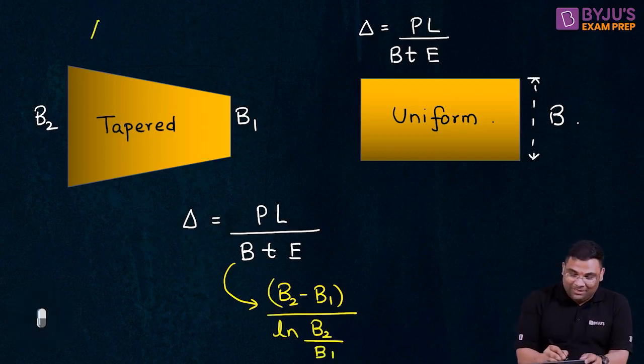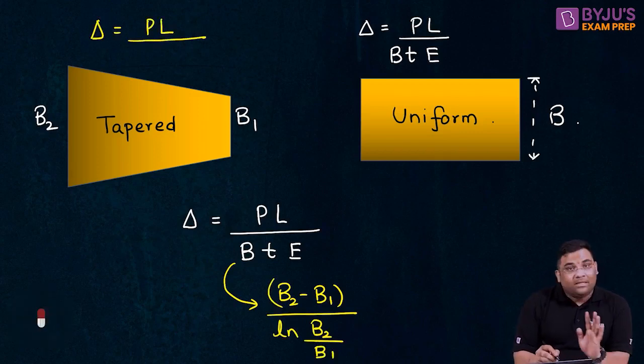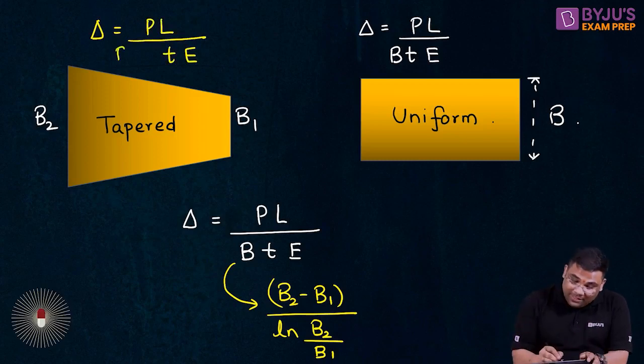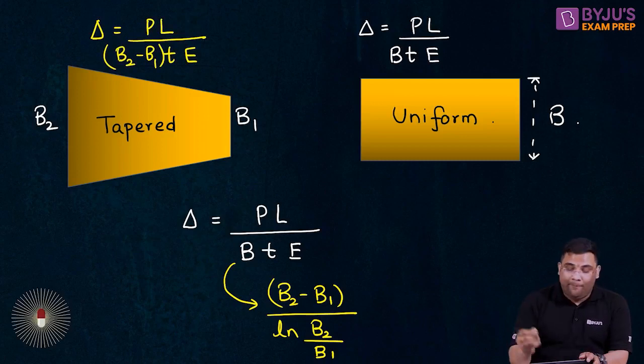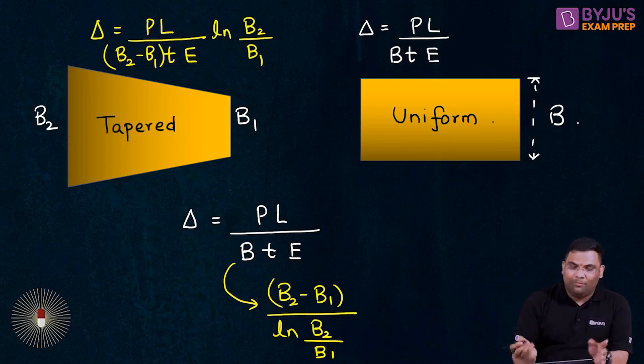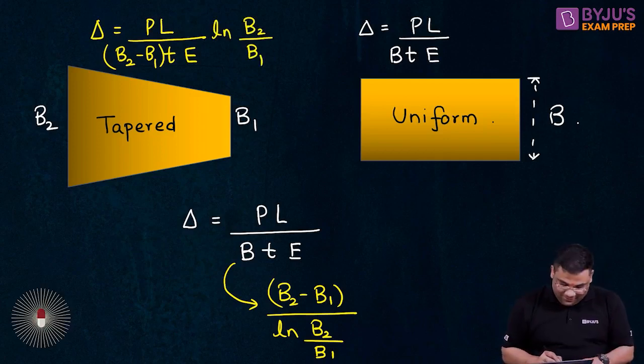So now what is the expression? This is nothing but PL by, write down the same thing, TE. In place of B, write B2 minus B1. Now the division will go up, making it ln B2 by B1. Beautiful, right? So easily you are able to remember this formula.